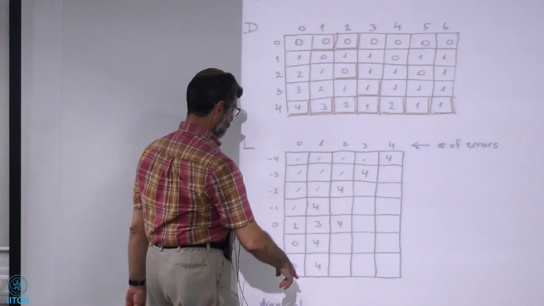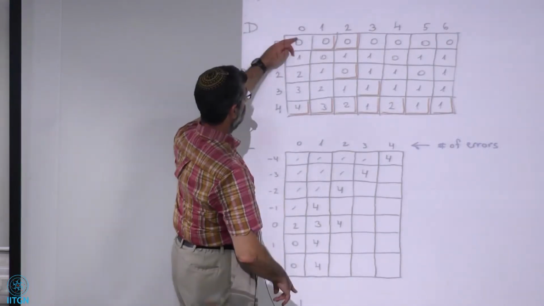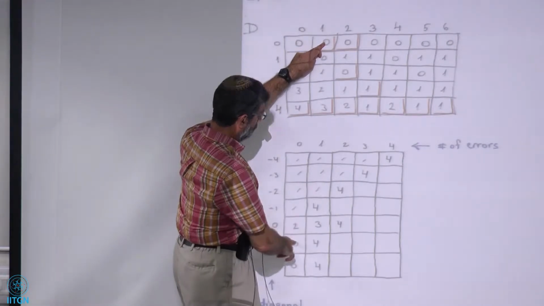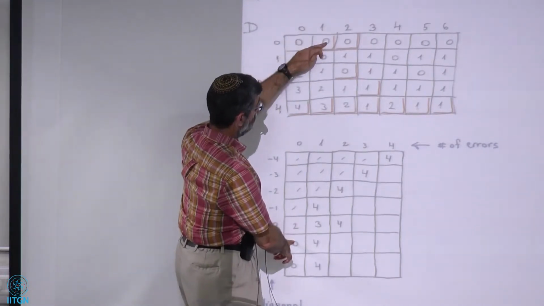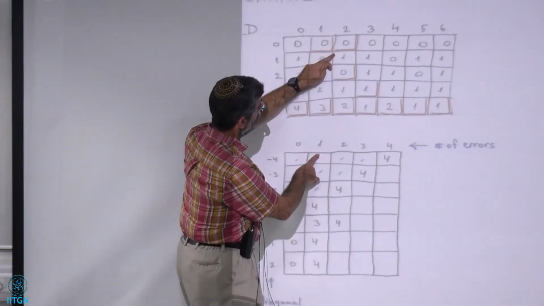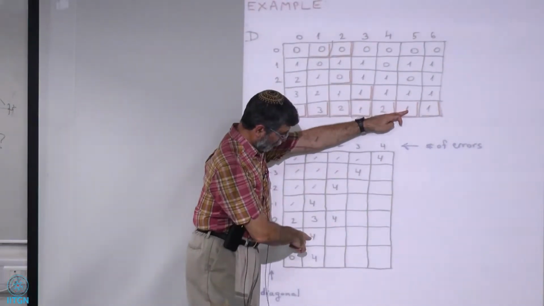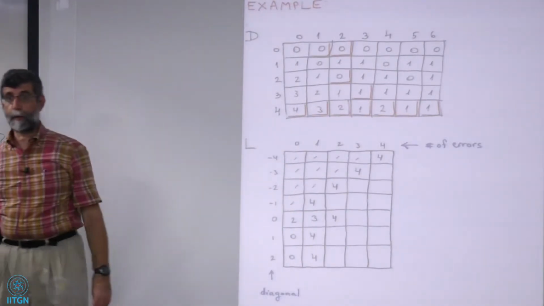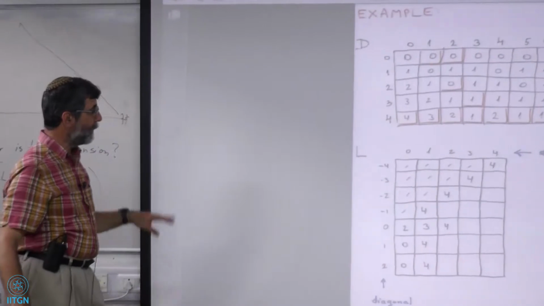Take this diagonal 1. In diagonal 1, the 0 errors is only in row 0, so that's this one. And then one error goes all the way down to 4. So the lowest you can go with one error is going to be 4.